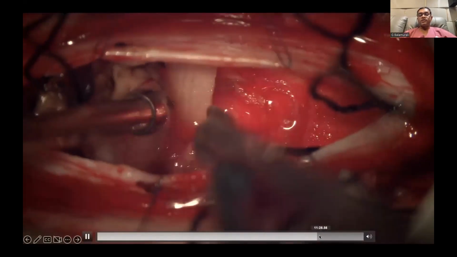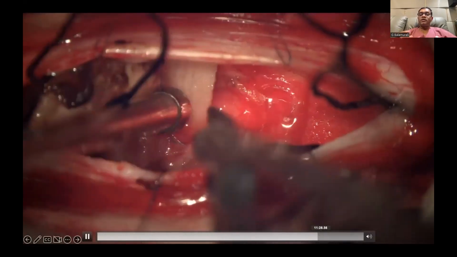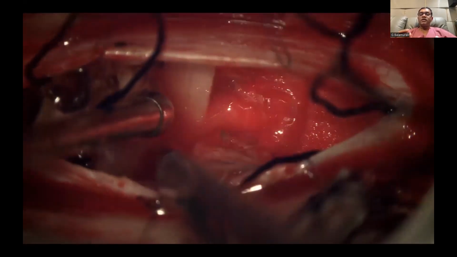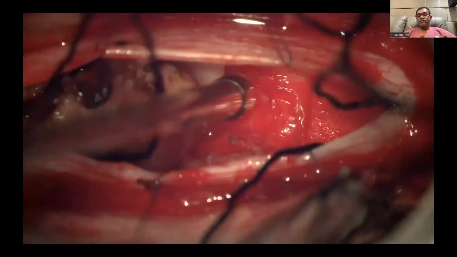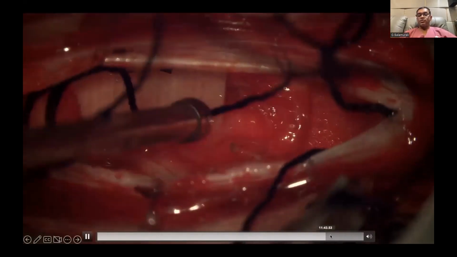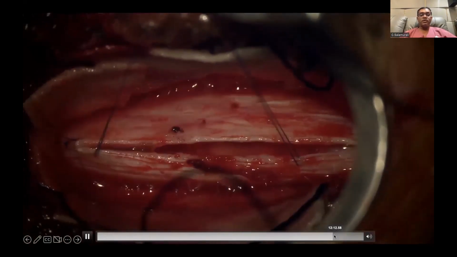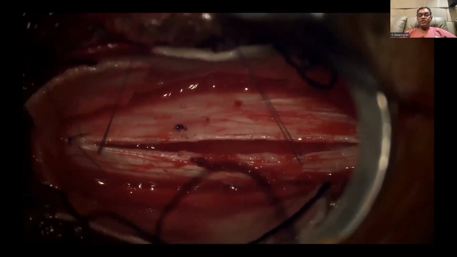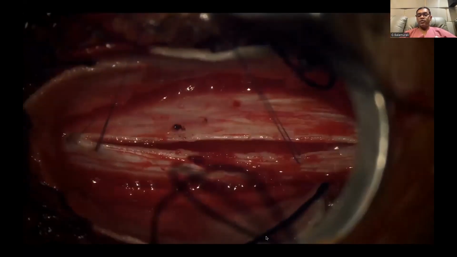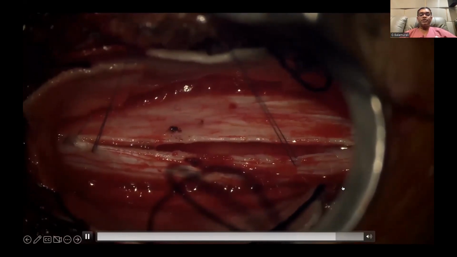And no matter whether it's a small space, it's a dead space, you still can have a pseudomeningocele if you don't have a good dural closure. So try your best to close the dura, it's very much possible. I do a continuous suture with the 6-0 Prolene, and you're able to run this just by changing the position of the needle.